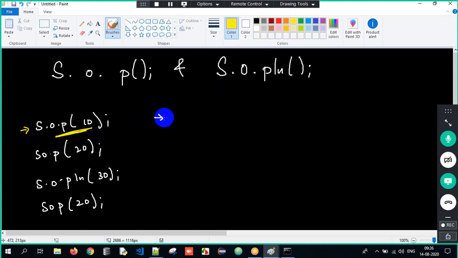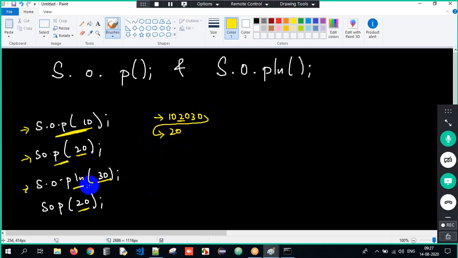So what will happen? 10 will get printed. Since it is print, the control will remain on the same line. Next line, 20 will get printed. Since it is print, again the control will remain on the same line. 30 will get printed. Since it is println, after printing 30, the control will get transferred to the new line. And again 20 will get printed.